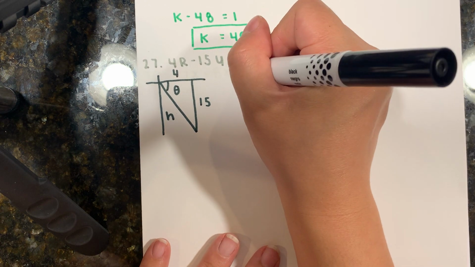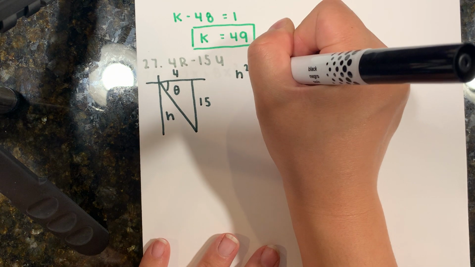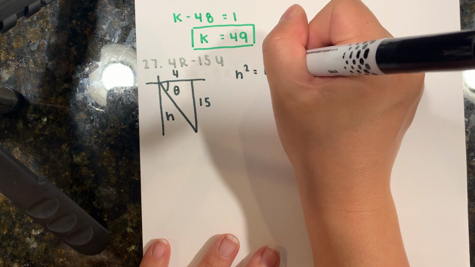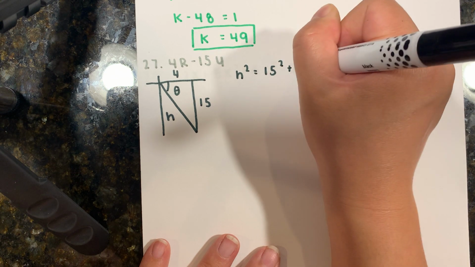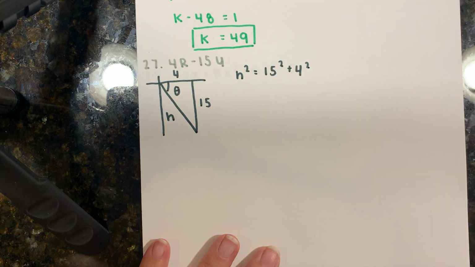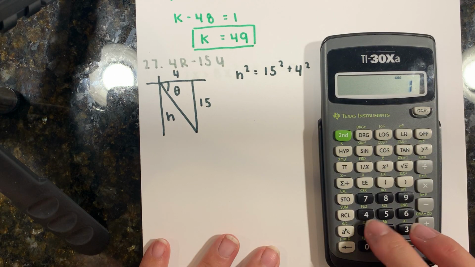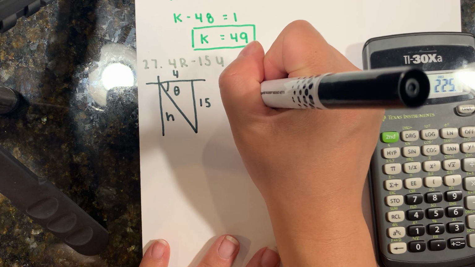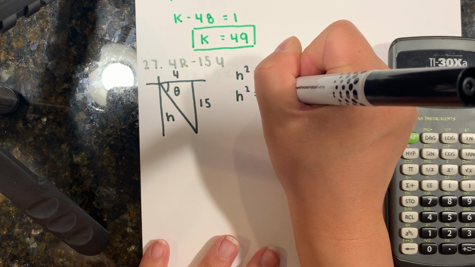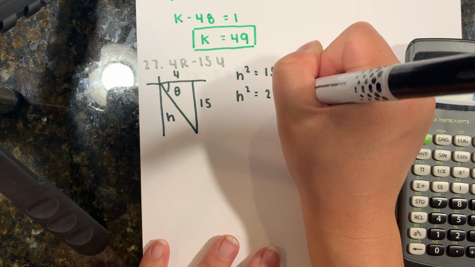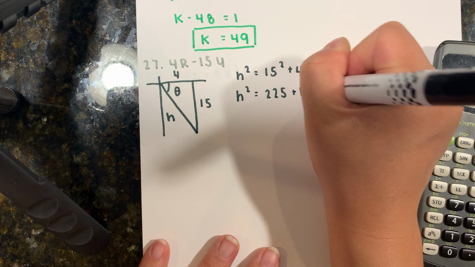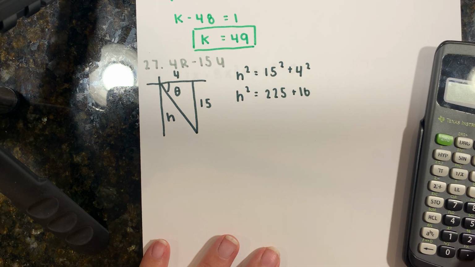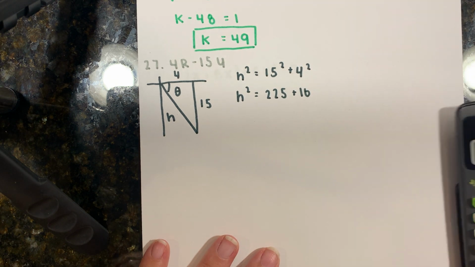I'm going to use Pythagorean theorem to solve for the h. So h squared is going to be equal to 15 squared plus 4 squared. 15 squared is 225, so h squared equals 225 plus 16 equals 241.